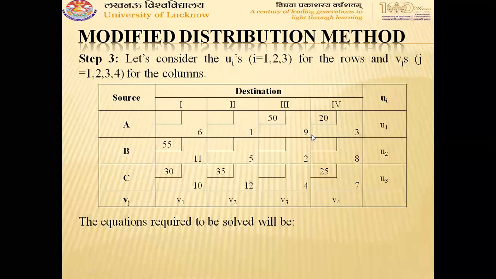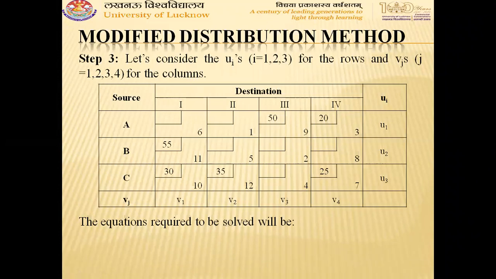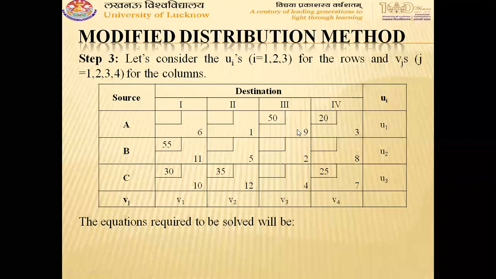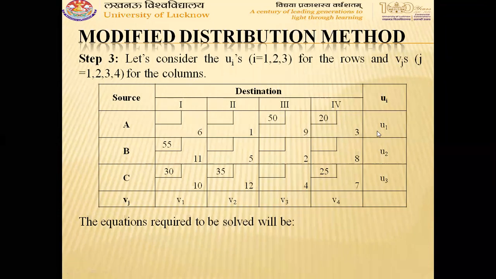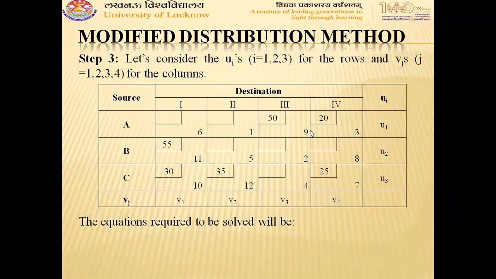Now how are the equations framed? Our equation is ui plus vj is equal to cij for allocated cells. If we move row wise, our first allocated cell is this one, that is 1 comma 3. So we can write the equation as u1 plus v3 equals 9, where cij is the cost of transportation, which is 9.